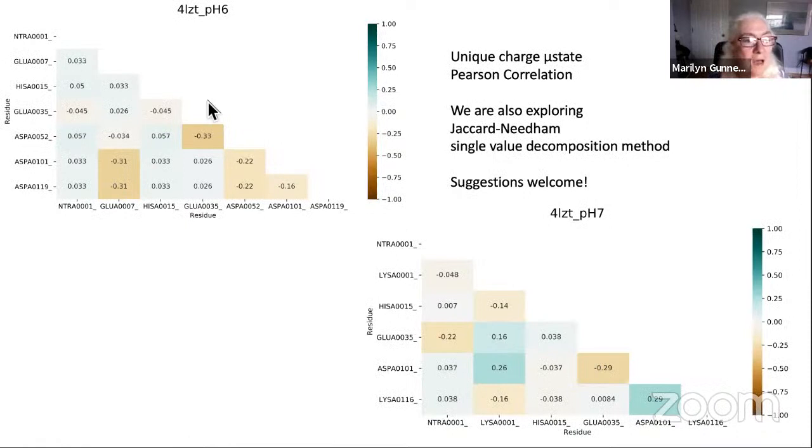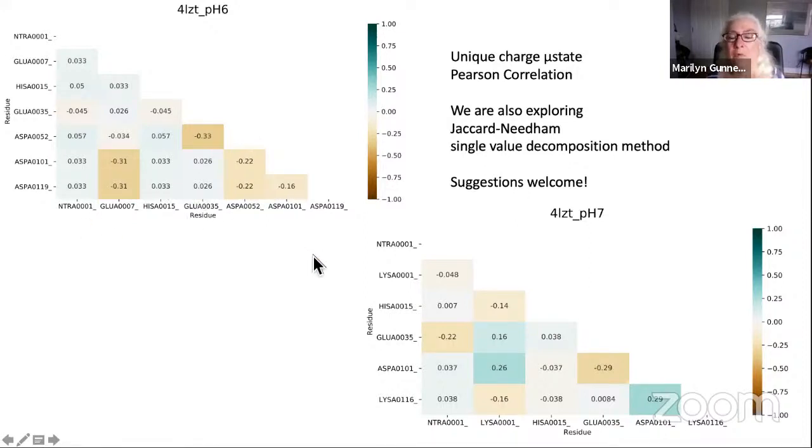Oh, so this is perhaps thinking about correlation. This is something that we really do want to do, and I'm not at all sure what the right way to do it is. Umesh did this with the Pearson correlation. I think we might move on to this, which is, in the Monte Carlo calculation for ionization states, things are either ionized or neutral.